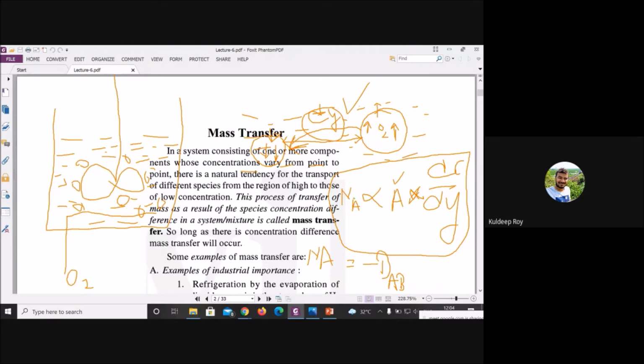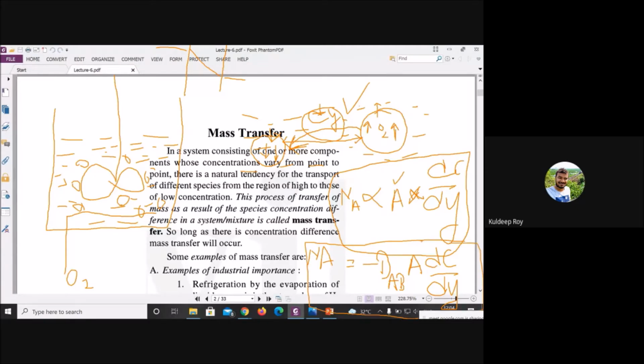In heat transfer, heat was flowing from higher to lower; similarly, mass is transferred from higher concentration to lower concentration. So the minus sign dictates that. Then it will be A del C by del Y. This is the formula of Fick's law of diffusion.